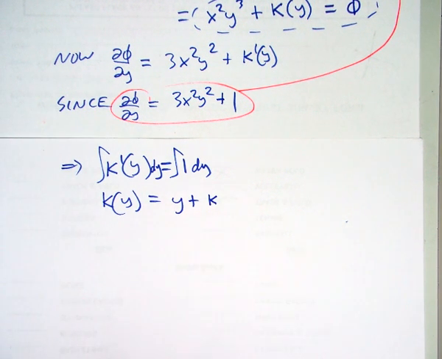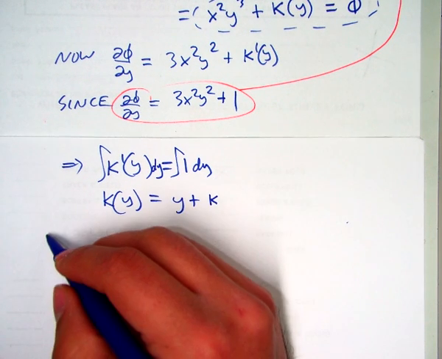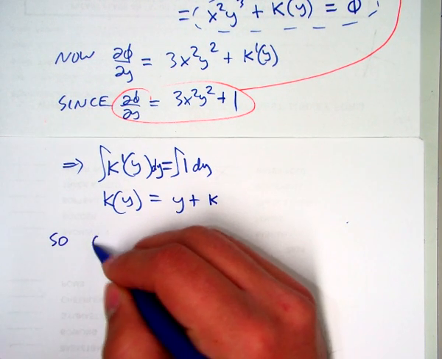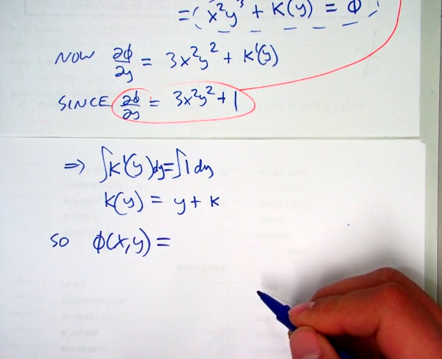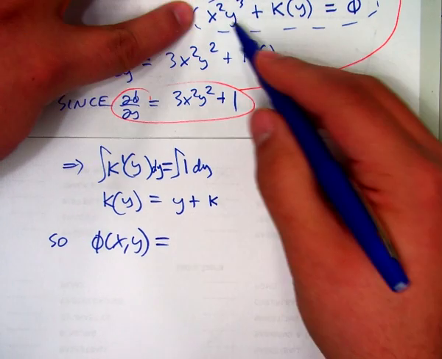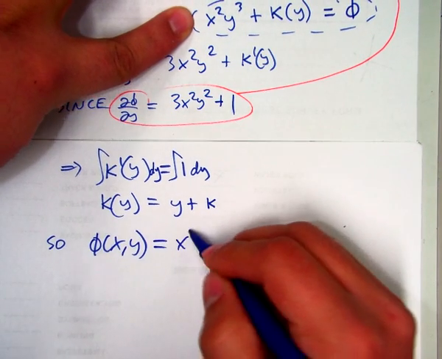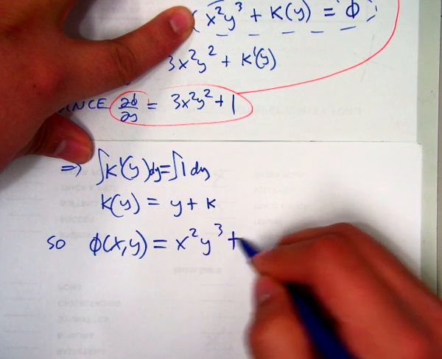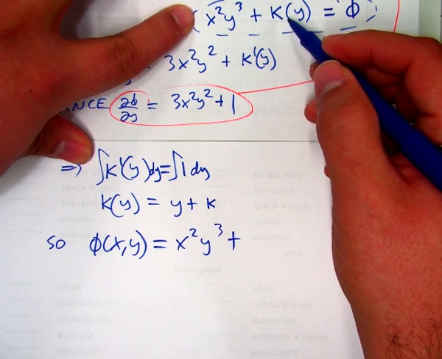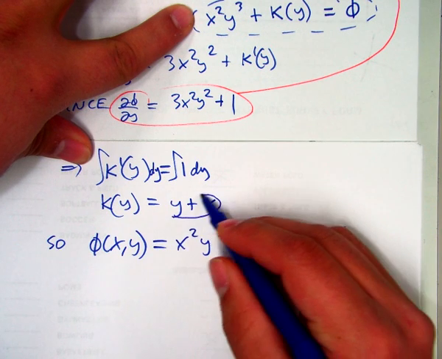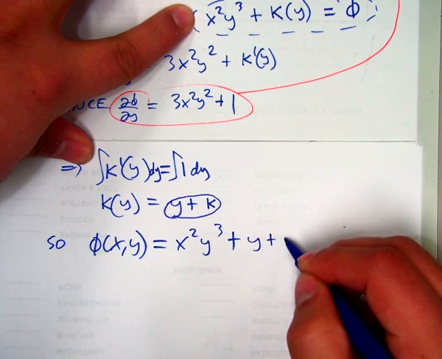Okay? So the potential function phi of xy is going to equal x squared plus y cubed plus, we figured out k of y had to be y plus maybe some other constant.